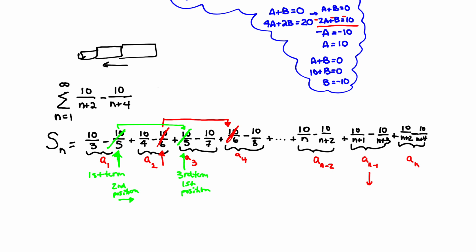So that means this guy, who holds the second position, is going to cancel over here. And this guy, who holds the second position, is going to cancel over here. And this guy, who's in the second position, is going to cancel over here, which he does.